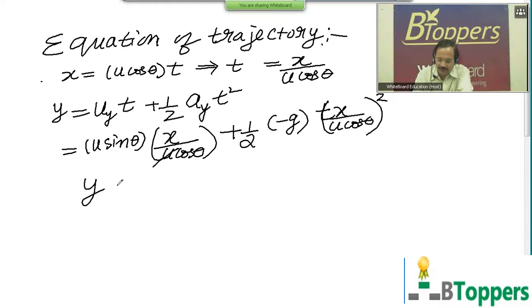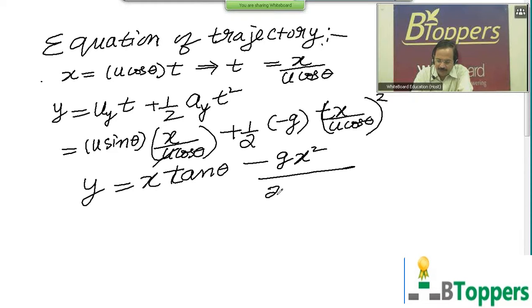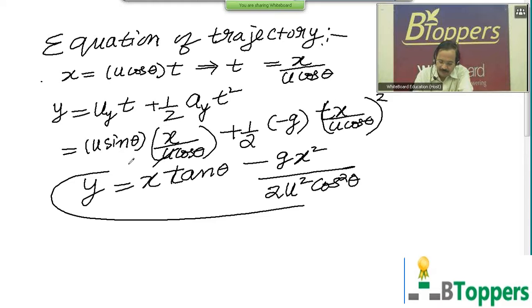So you get the equation of the trajectory of the projectile, in the case of oblique projection, as y equal to x tan theta minus g x square by 2u square cos square theta. So this is the equation of the trajectory of the projectile motion.